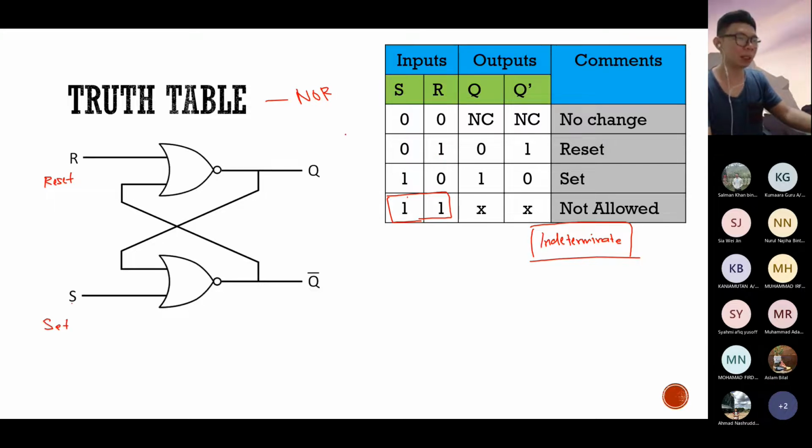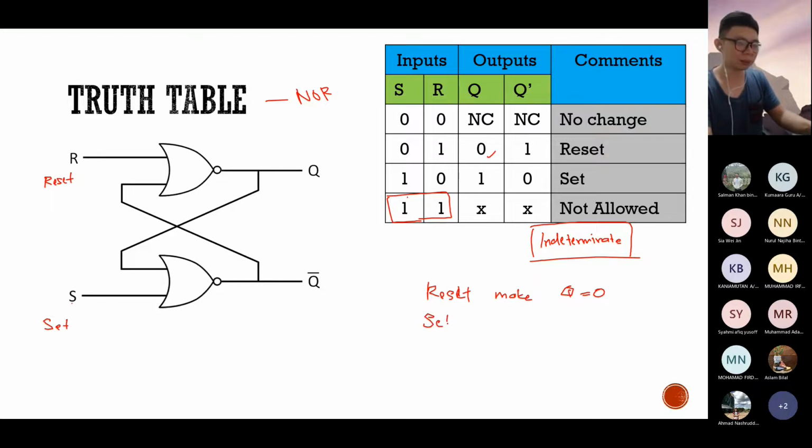Reset means making the Q 0. Let me write it over here. Reset means make Q to 0. This is the reset state. It makes the Q 0, and Q bar is the opposite.